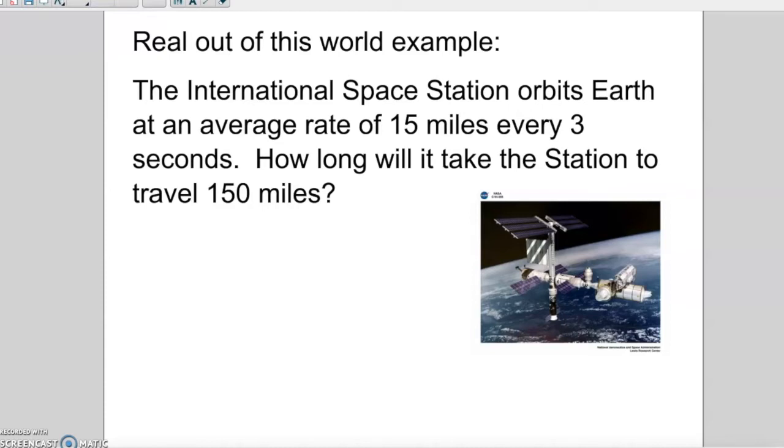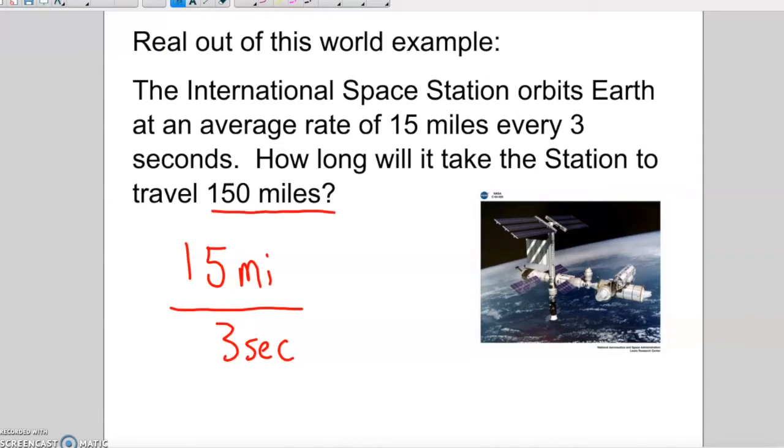So what it's asking for here is this. We can write this as a ratio or a rate. So it goes 15 miles in 3 seconds. Okay, and the question's asking how long will it take the station to travel 150 miles?